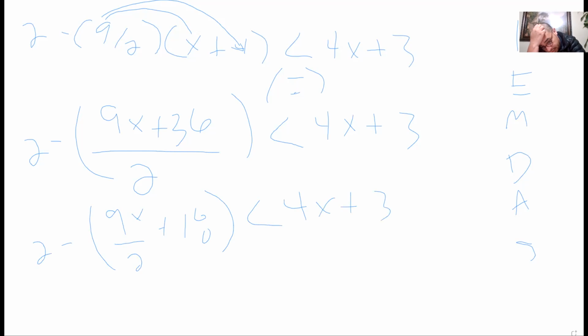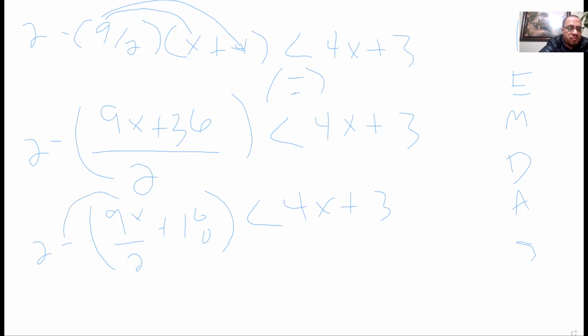All right, so again, our objective is to isolate the x. So we're going to keep on working this equation. Now in the parentheses, we can no longer do anything to it. So now we're going to start multiplying. Now we're going to multiply the negative.